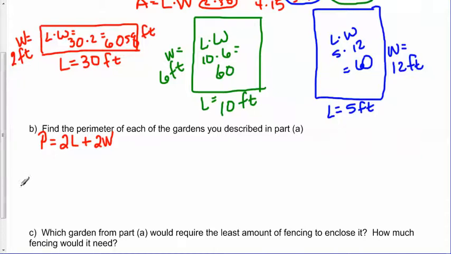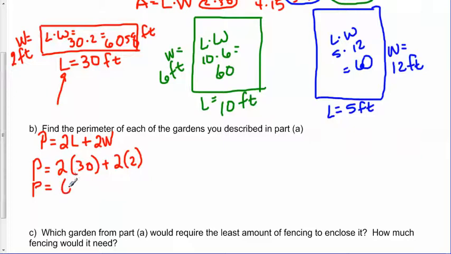So for our red rectangle right up here, we're going to say that the perimeter is 2 times the length. Well, the length we said was 30, plus 2 times the width. And remember this one, we said the width was just kind of that short little 2 feet stretch. So the perimeter equals 60 plus 4.